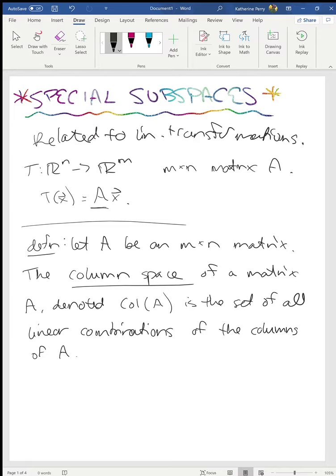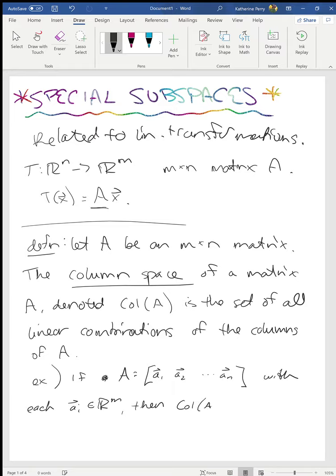And so, for example, if A is equal to this matrix, A1, A2, up to AN, with each column in Rm, then I can say the column space of A is just equal to the span of A1 through AN.